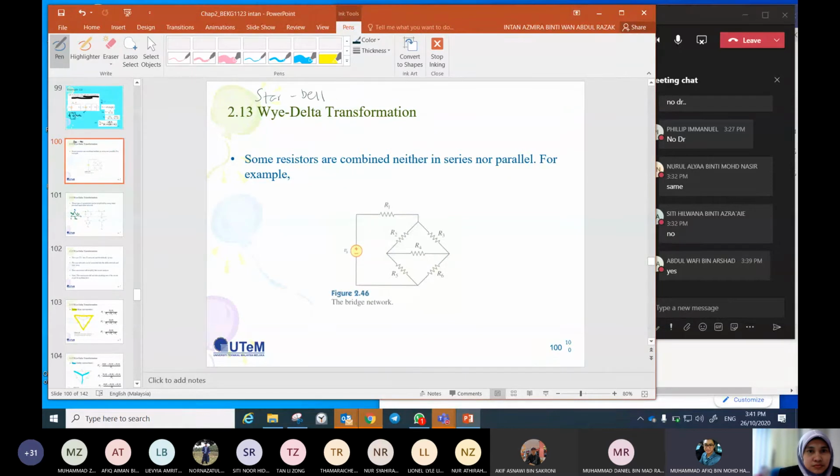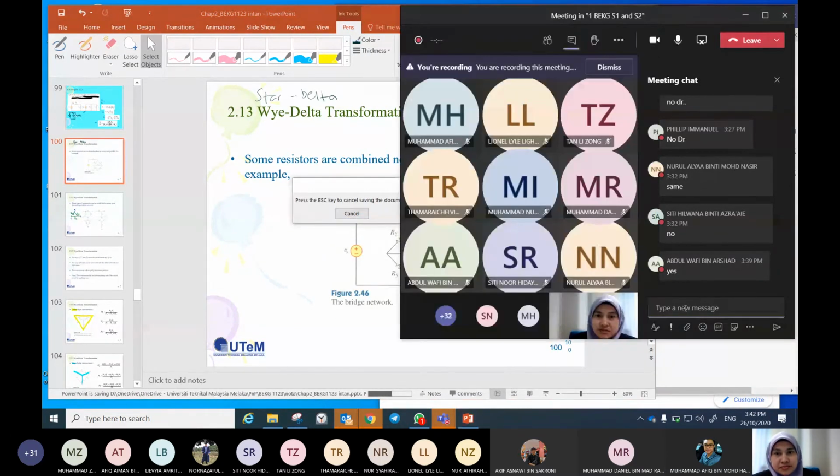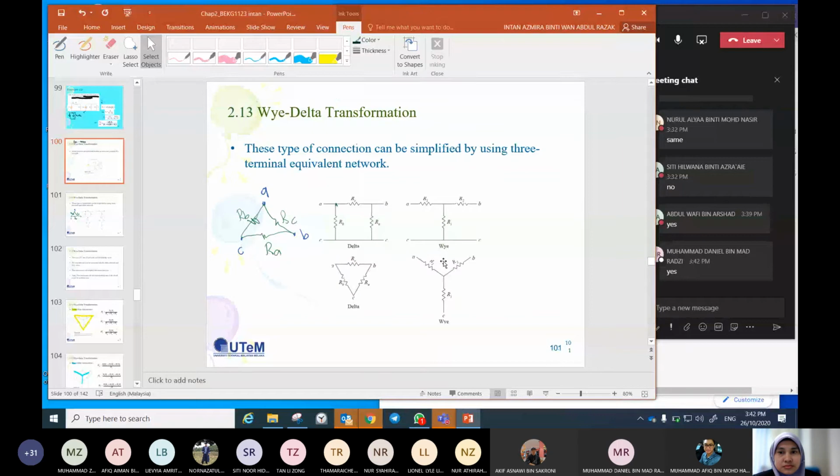Term sama je lah, star delta, Y delta sama je. Yes, the same term. Can understand star delta, Y delta? If yes, type yes. Okay, good. Have you learned star delta before?